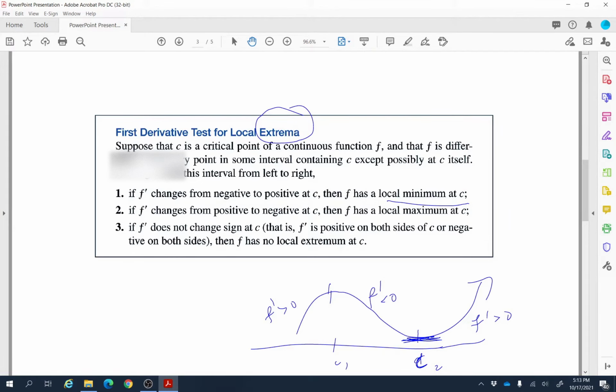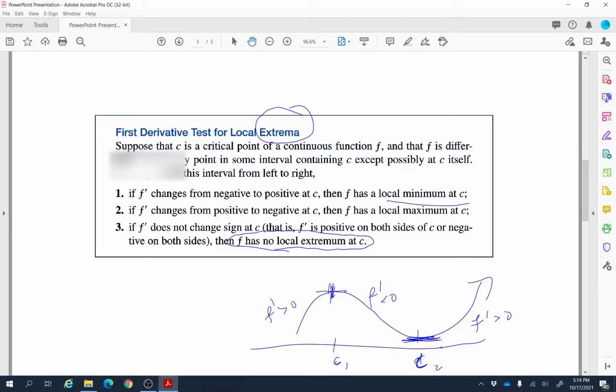If f prime changes from positive to negative, as at C1, that's why it has a local maximum value. If the derivative does not change sign, there is no local extreme value, no local maximum or minimum.